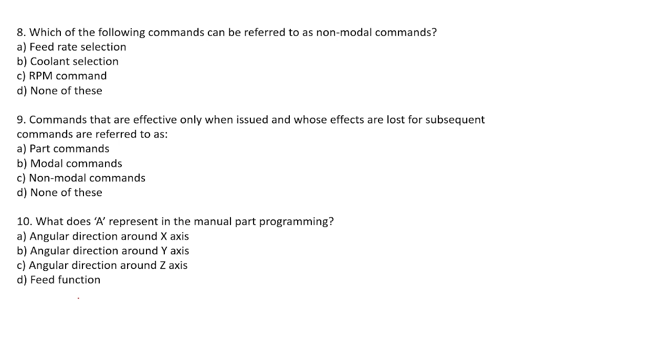It is known as modal. So you key in something, and it will remember it in the memory unless you change that value. If I have some X value, it will always remember that X value, and unless you change the X value, it will not change.